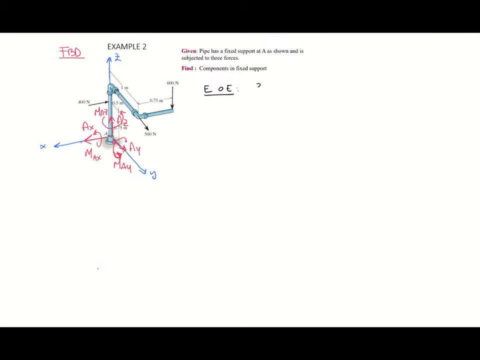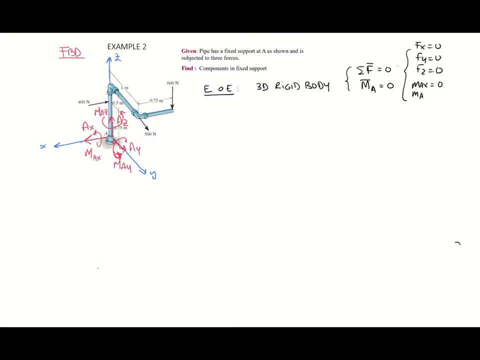As you know, for 3D and rigid bodies, we have to have the sum of all forces as a vector equal to 0 and the moment with respect to a specific point equal to 0. And those lead to 6 equations because it's Fx equals 0, Fy equals 0, Fz equals 0, and then we can have either moment equals to 0, which will be moment about axis x equals 0.